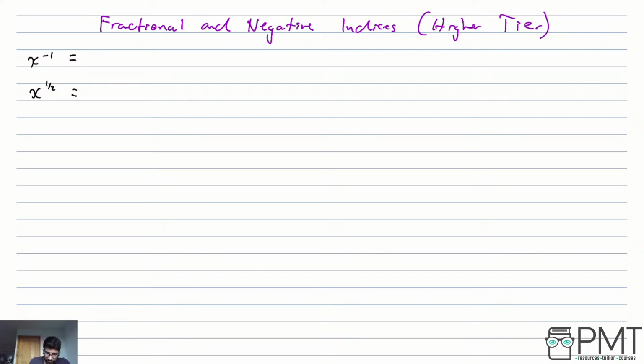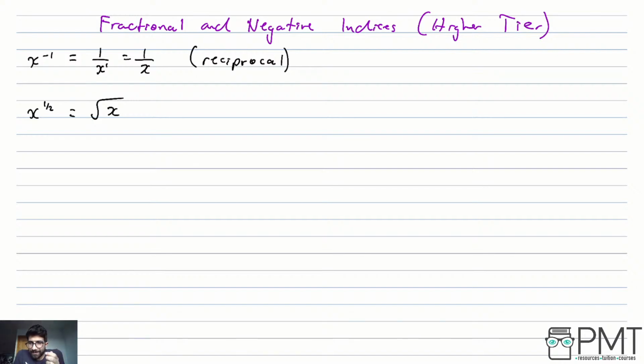Because x to the minus 1 is the same as 1 over x to the 1, which is 1 over x. And this is what we called reciprocal in the previous question. And x to the power of a half is the same as root x.